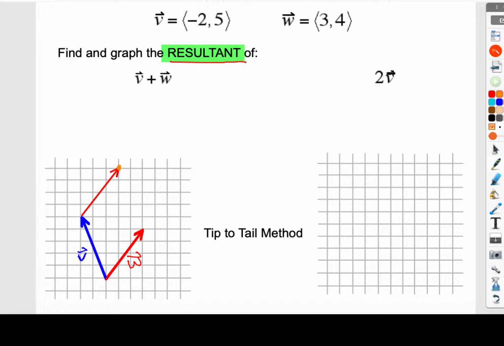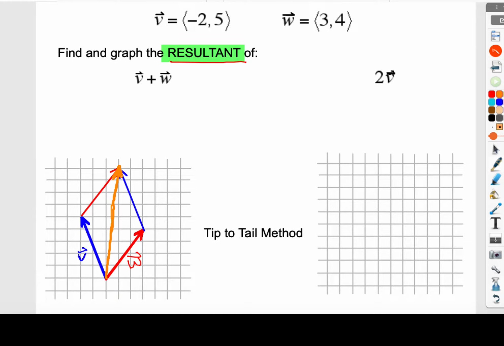We started down at the bottom here, and we ended up right up top there. Technically, we can add in either order. So if you wanted to, you could have traveled w and then v, but you'll still end up in the exact same place.